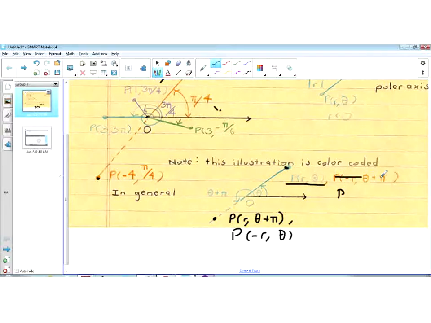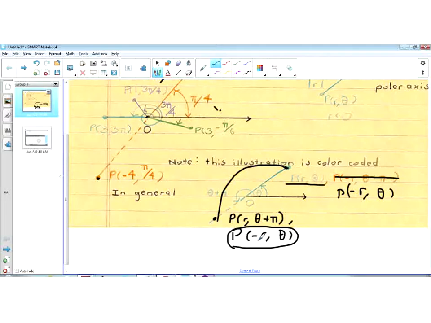I think this isn't right, so I would ignore this. That isn't totally correct; I'll explain how to do that later. Anyway, suppose that you wanted to plot (negative r, theta). You take this blue point in space, rotate it 180 degrees, and then you'll have this right here, P(negative r, theta).